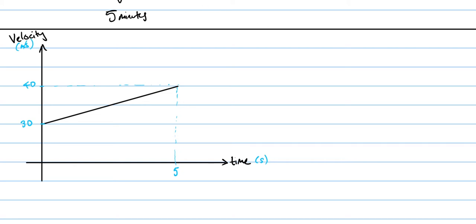I'm going to make it a bit more general as well, so we can derive a formula. Whenever we have a situation like this, we can just plug and chug and we're all good. So we're going to call this the initial velocity, u. Remember, this was 30 before, that was our initial velocity. Then we go up to some, or down to some, final velocity, and this all happens within some time t.